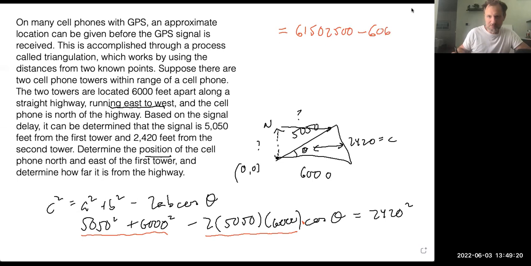That's a big number, looks like 5 zeros, and that's multiplied by cosine theta. And this whole thing is equal to 24,200 squared, which is also a big number, 585,640,000. Okay, so now I just need to do the algebra.